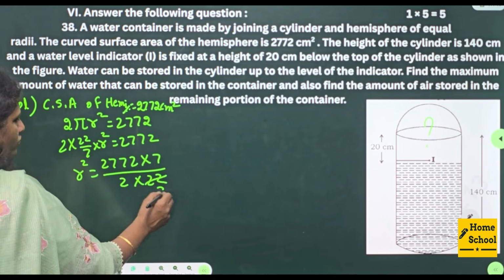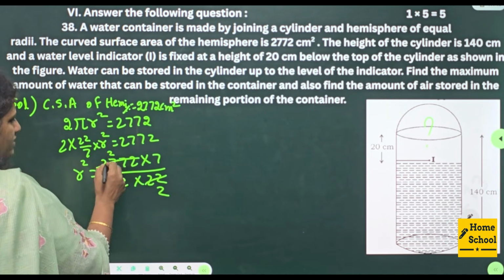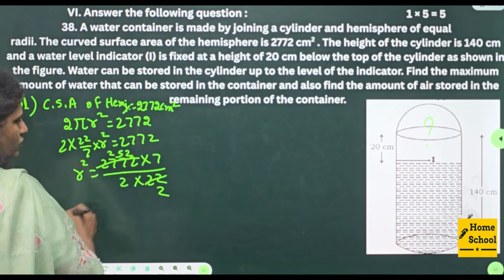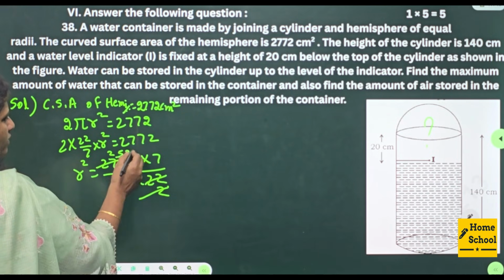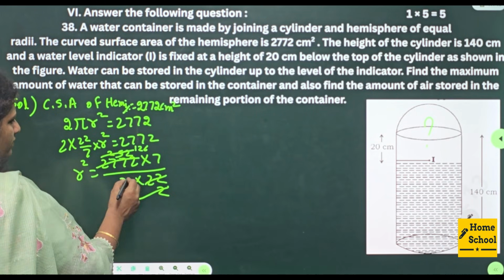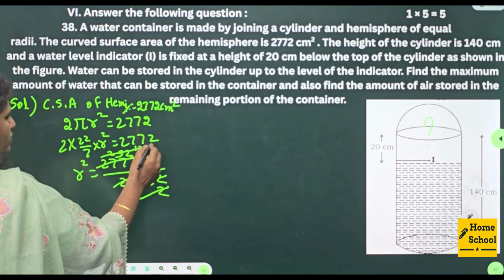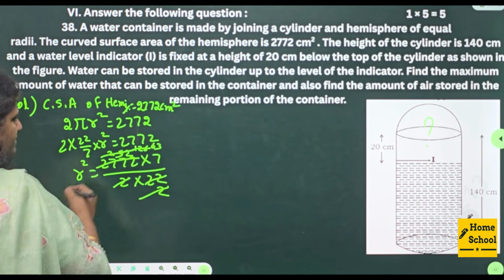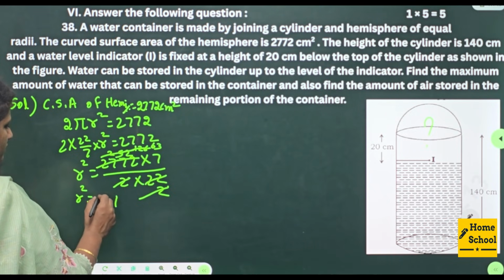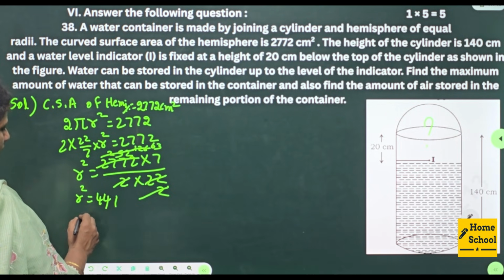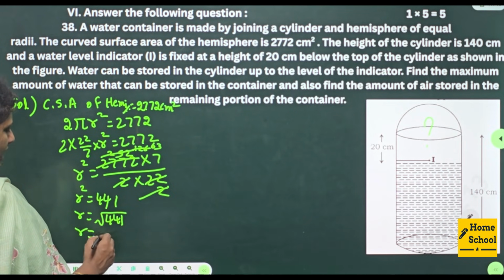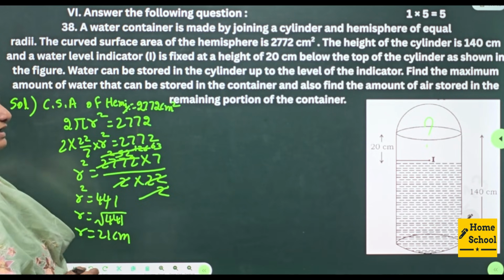Here 11 twos are 22, 5 left, 57, 55, 11 twos are. So again 2 ones are, 2 twos are 4, 2 sixes are 12. Then again 2 sixes are 12, 2 threes are 6, 3 sevens are 441. R is equal to square root of 441. That is R is equal to 21 centimeter.